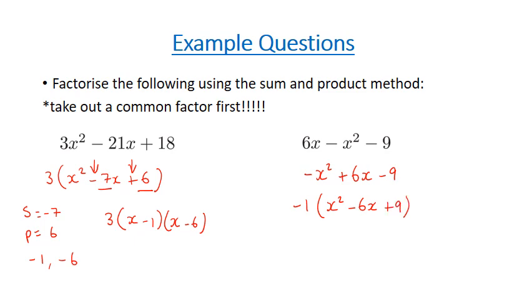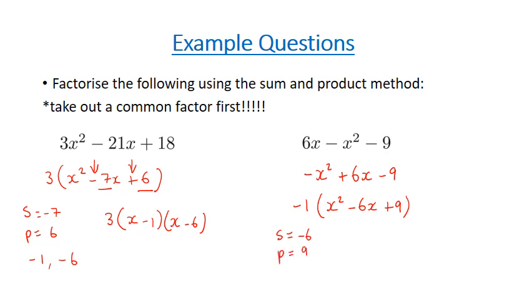Now I know here, similar to the previous one, the first symbol that I come across in my quadratic is going to be a negative, and the second symbol is going to be a positive. I know that my sum needs to be negative 6, and my product needs to be 9.